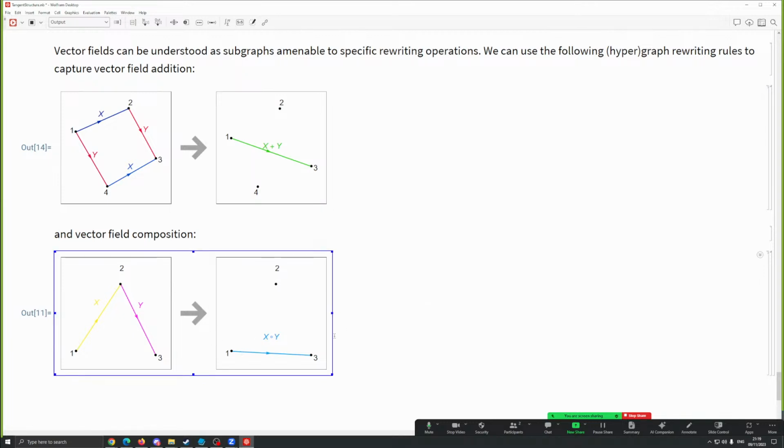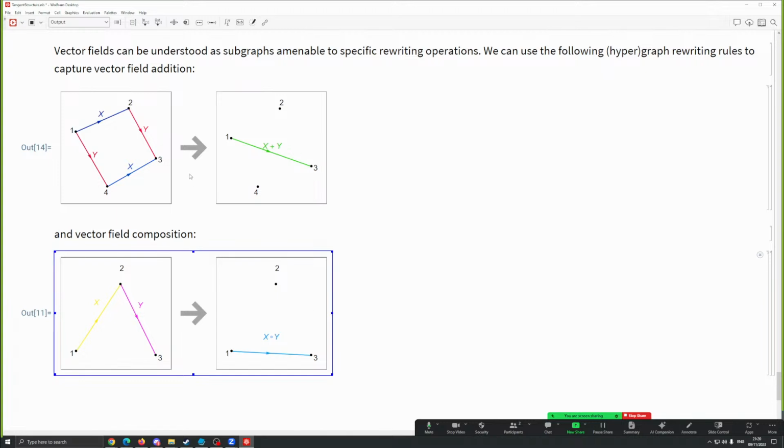You do a one-pass rewrite, this operation, right? And then you get a blue vector field, which is a new partially defined local vector field, which, if these were all totally defined and everything is in place, corresponds to the actual flow composition vector field, right?